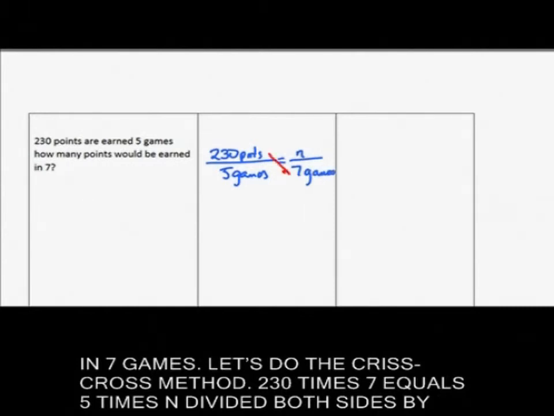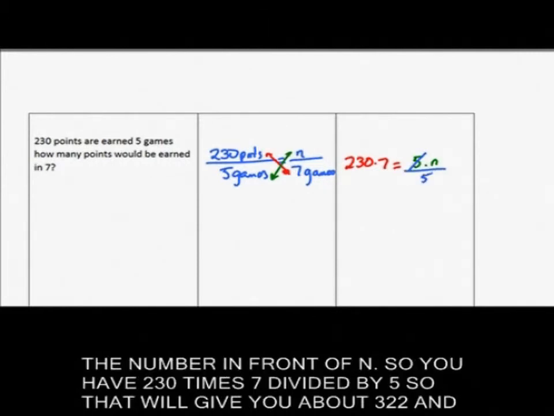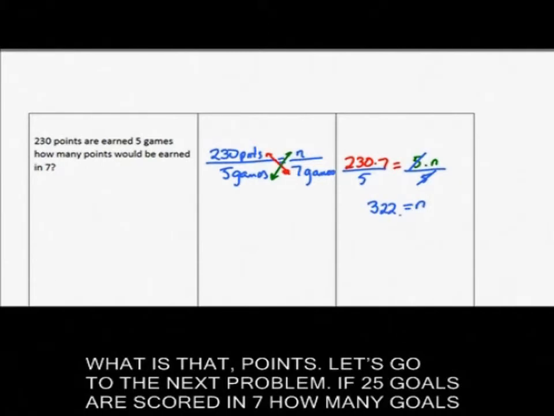Let's do the crisscross method. 230 times 7 equals 5 times n. Divide both sides by the number in front of n. So you have 230 times 7 divided by 5. That will give you about 322. And what is that? Points.